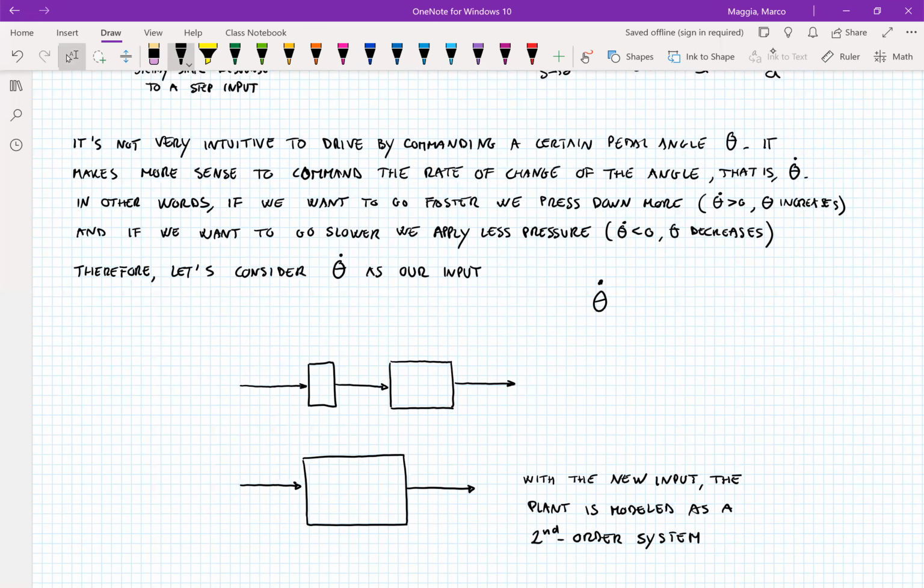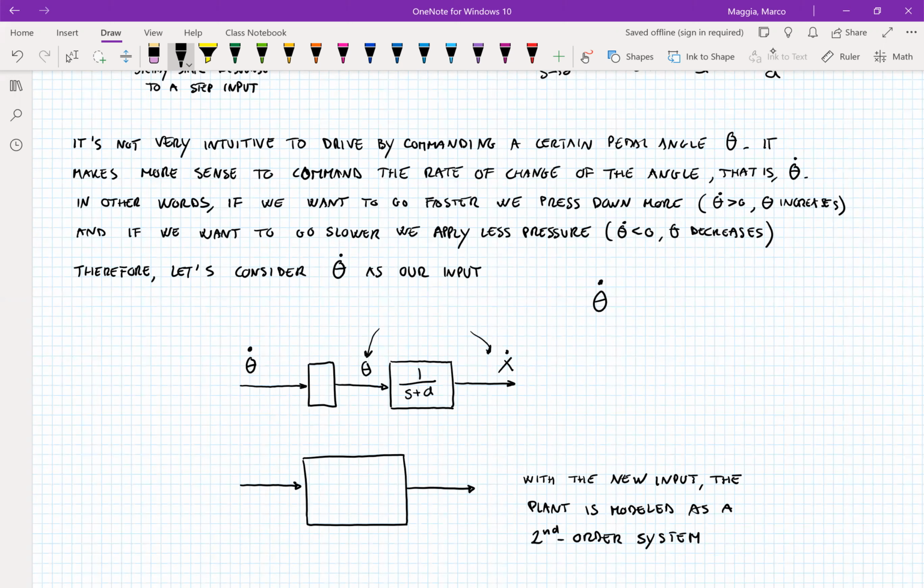So it makes more sense to consider the transfer function between the real input, that is theta dot, and the velocity of the car, x dot. So we know that the plant 1 over s plus a took us from the gas pedal angle to the velocity of the car.